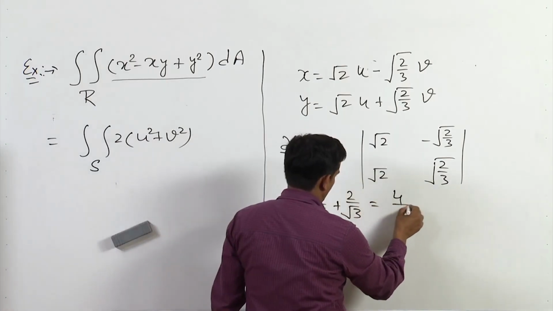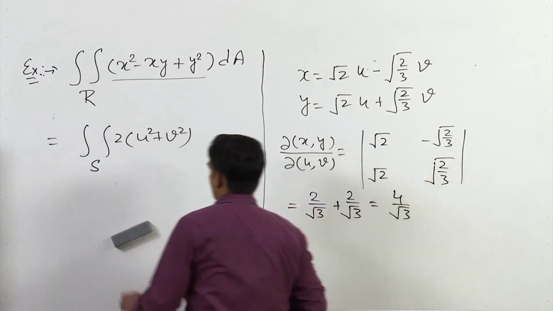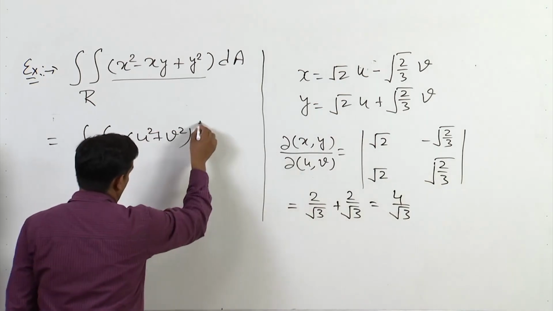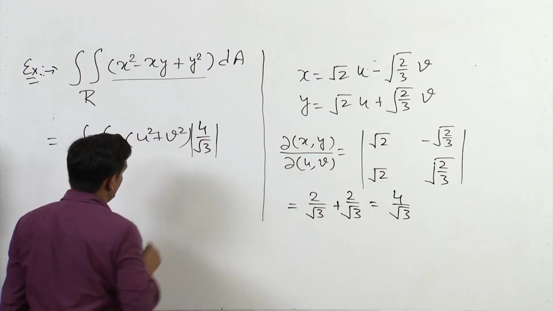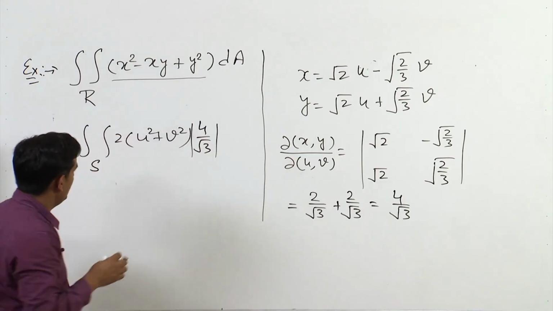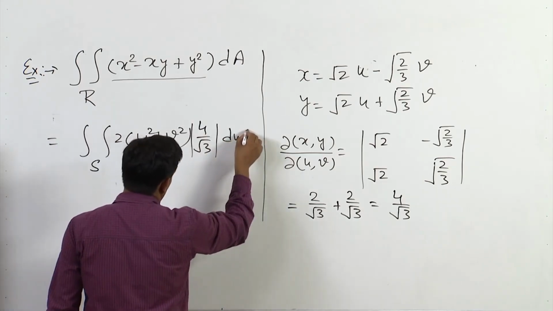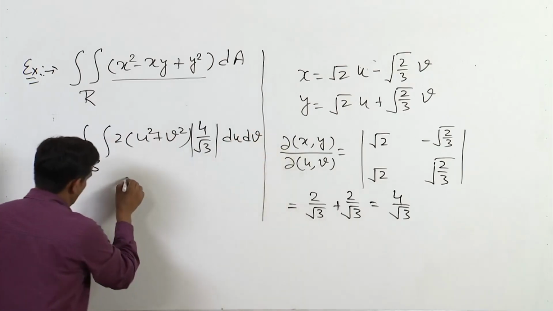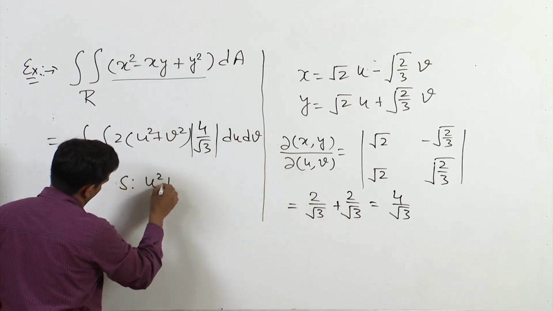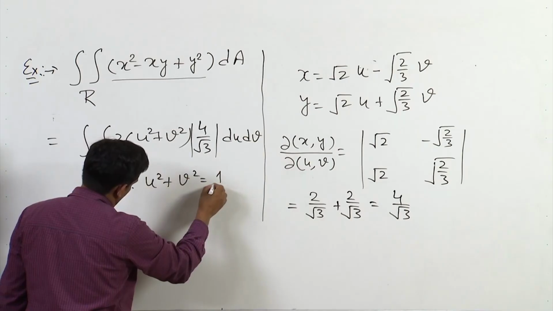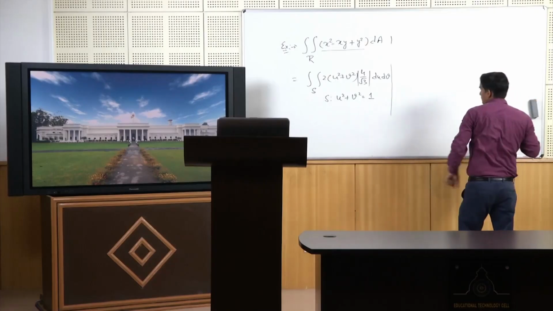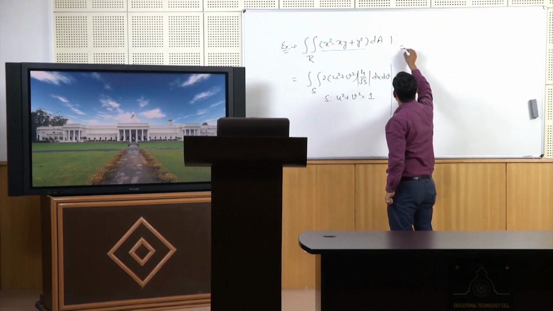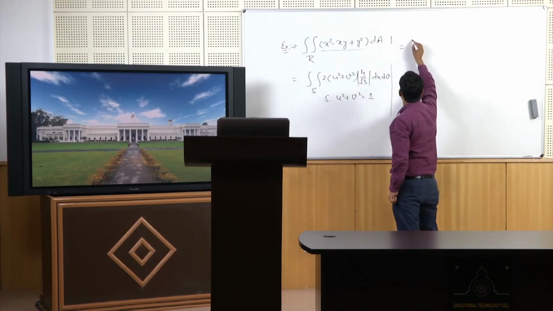So, 4 upon root 3, absolute value of this, into du dv, and S is given by this particular circle. Now, this integral can be written as 2 into 4, 8 upon root 3.